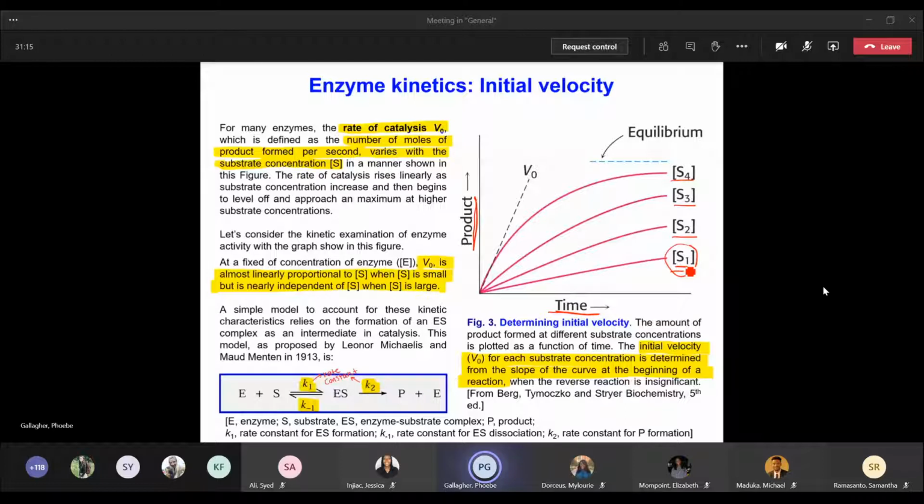They measure the reaction. Remember that the initial velocity is going to be the fastest velocity. So they take note of the initial velocity and they use that to plot the Michaelis-Menten plot. And they do it for each of these different substrate concentrations. And so you need to know that the initial velocity is what's being plotted in a Michaelis-Menten plot because it's the fastest velocity during each of these reactions.